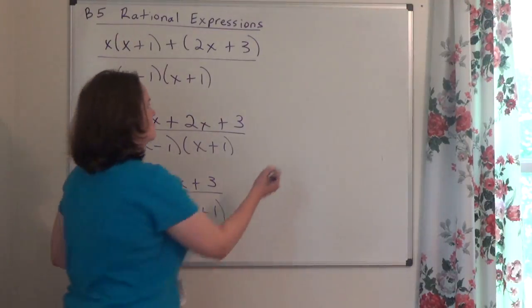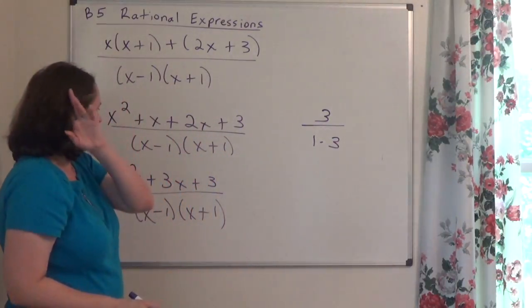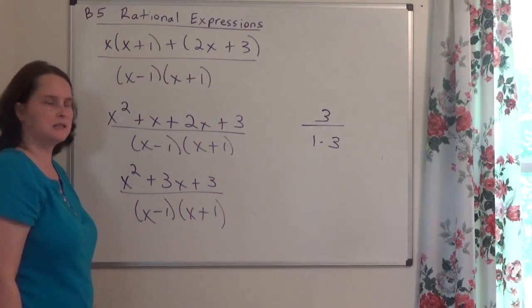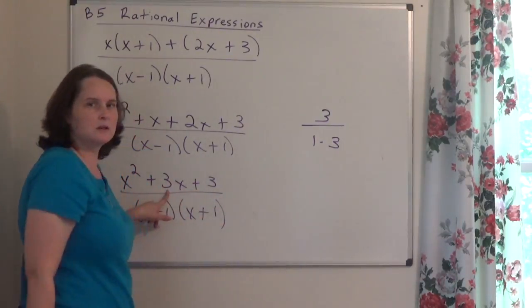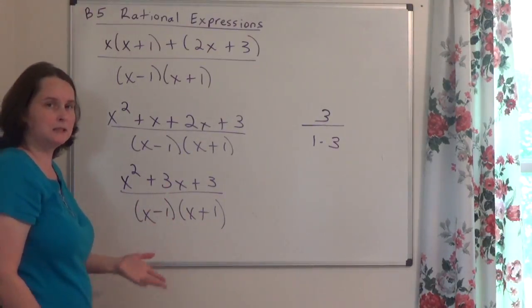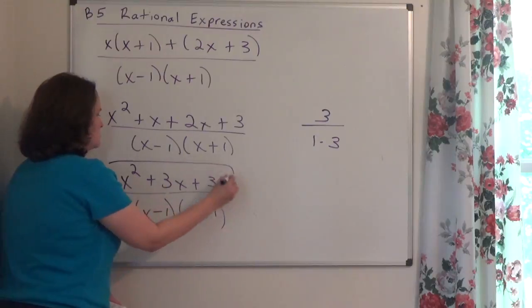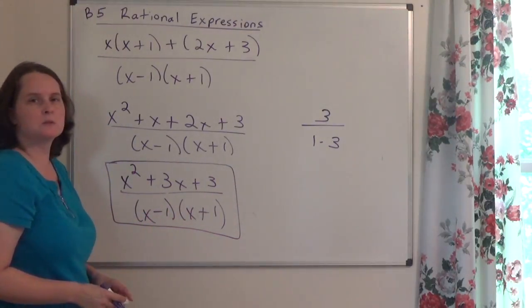Alright, so if you think about possible factors of 3 that you could use to factor your numerator, you would need a pair of numbers that would add together to give you this middle number, 3, and those numbers are not going to do it. So that numerator does not factor. That tells me that everything is already completely reduced, so this is my answer. X squared plus 3x plus 3 all over x minus 1 times x plus 1.